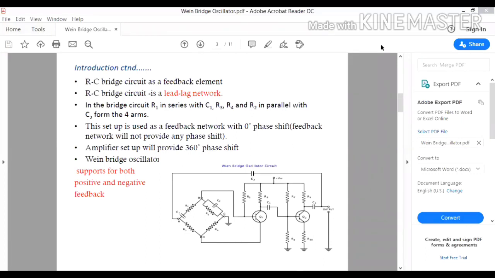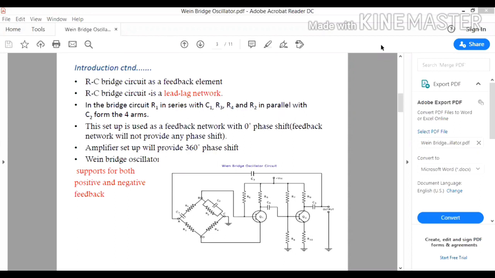The Wein bridge oscillator is different from other oscillators in its application of feedback. Other oscillators support only positive feedback, but the Wein bridge oscillator has a special function: it supports both positive and negative feedback.